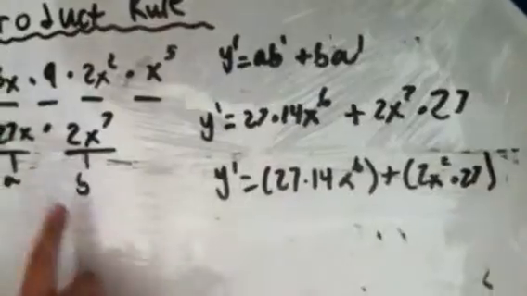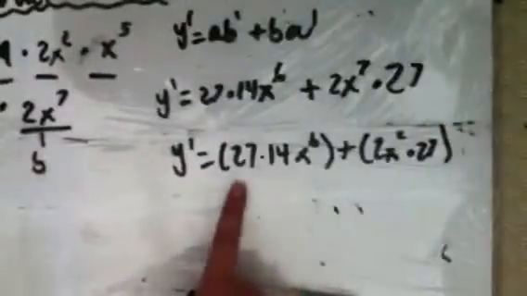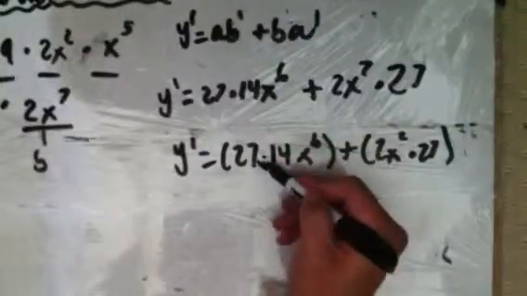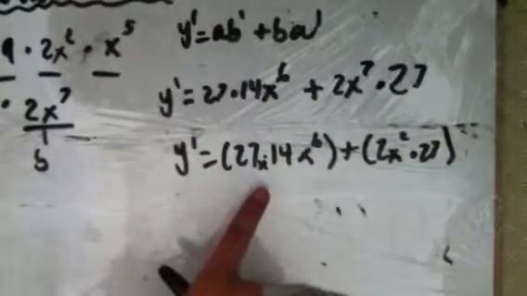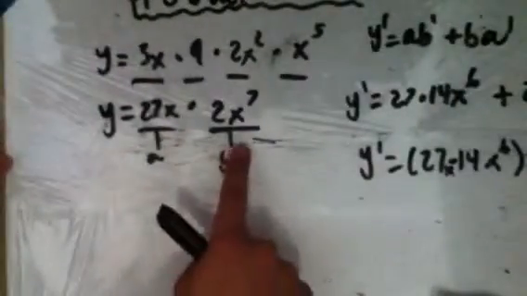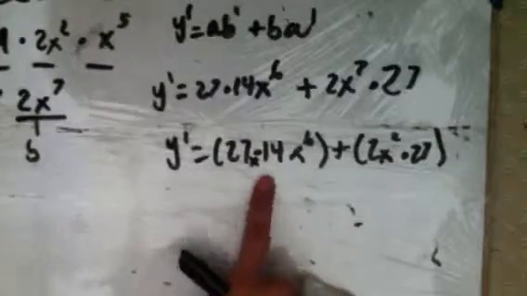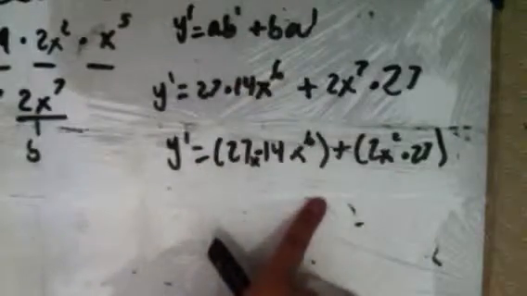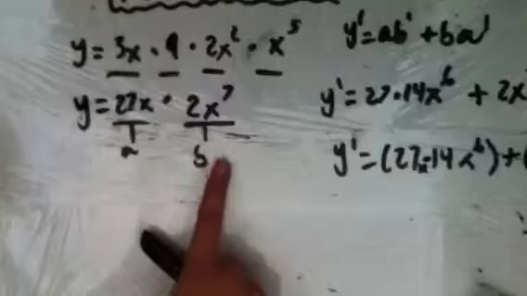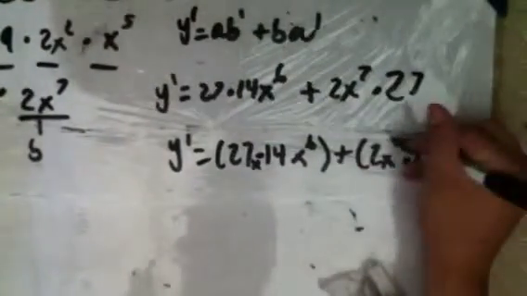Okay, so a, and we said our a is 27x. So 27x times the derivative of b. Derivative of b is 14x to the sixth plus b, like it is, 2x to the seventh. And this is a 7, by the way.